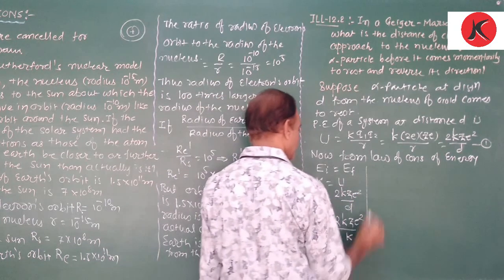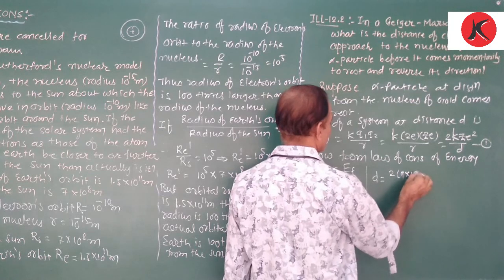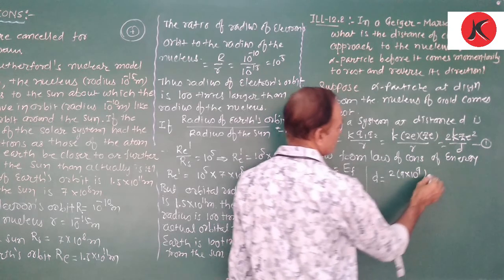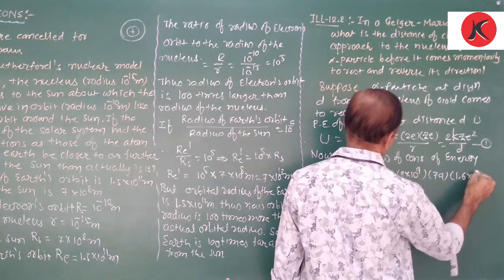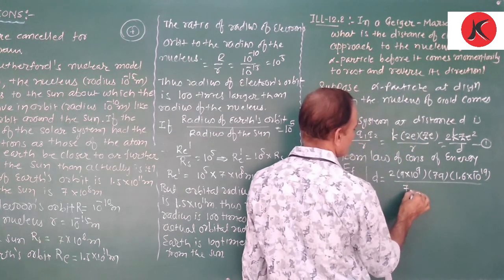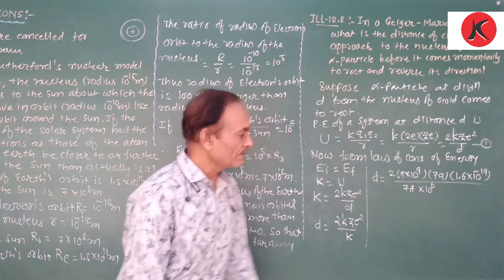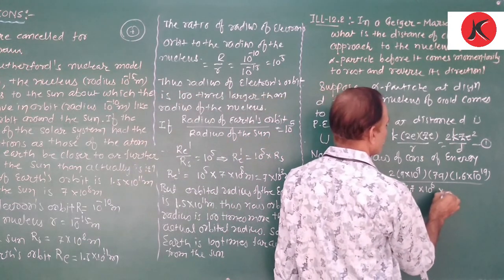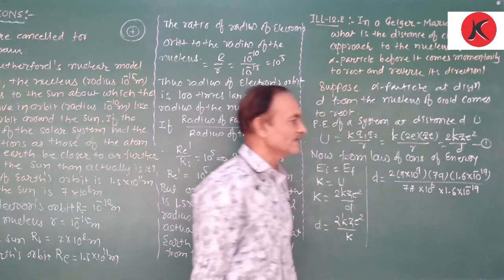Now substitute the values. Therefore d = 2 × Coulomb's constant 9 × 10^9 × Z 79 × e 1.6 × 10^-19 coulomb upon kinetic energy 7.7 MeV. MeV means 10^6. Therefore 7.7 × 10^6 electron volt. Now convert to joule. We have to multiply by 1.6 × 10^-19.